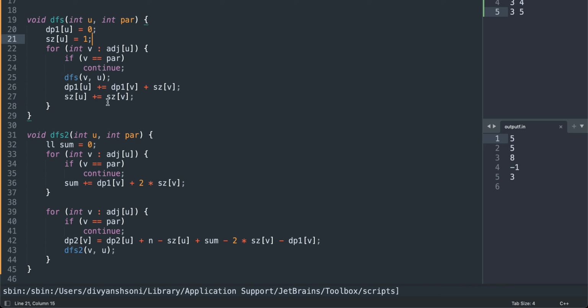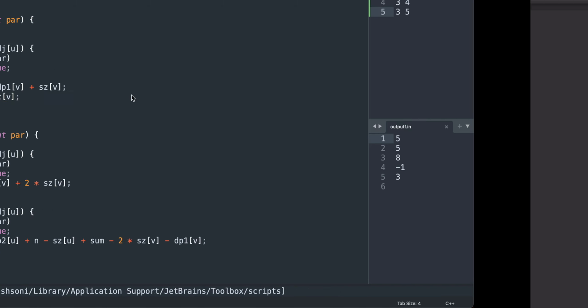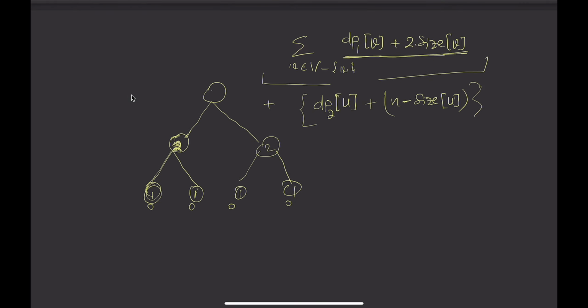Size is already incremented by 1, so previous size was 1, so it will increase by 2 due to this node, so it will become 3. So its size is 3 now. Why did I write 2?